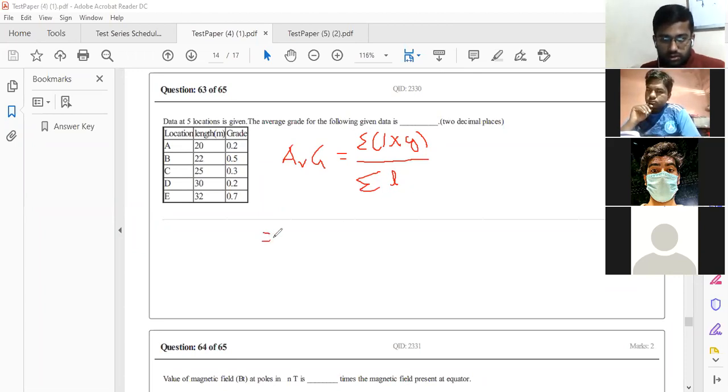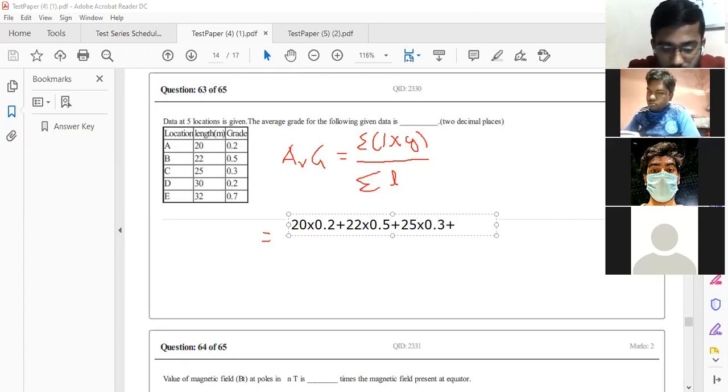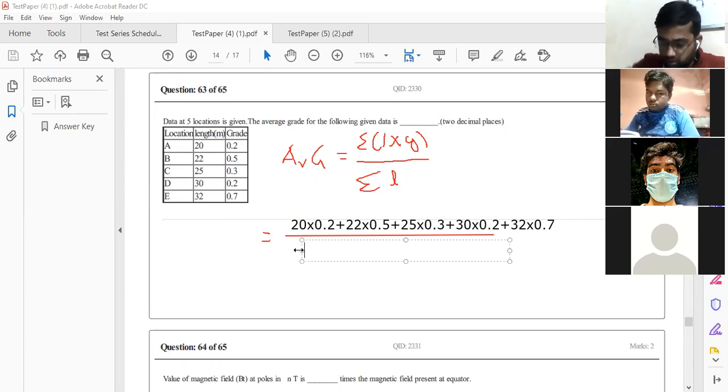So just try to solve this. So again, 20 multiplied by 0.2 plus 22 multiplied by 0.5 plus 25 multiplied by 0.3 plus 30 multiplied by 0.2 plus 32 multiplied by 0.7, divided by summation of length.